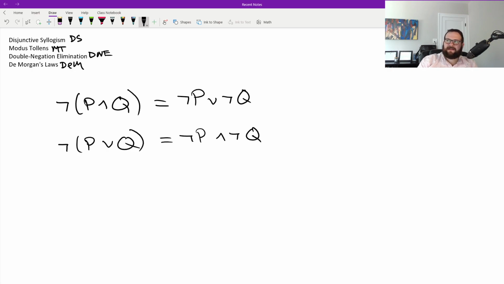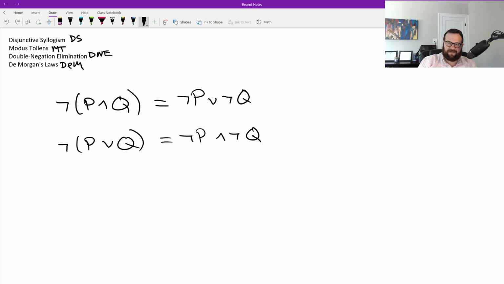The way that I typically recommend you remember how these work, if you encounter a conjunction or a disjunction within parentheses like this and negated on the outside, just know that you can flip the symbol, right? Up becomes down and down becomes up. And you can move the negation symbol in to the individual terms. So all we're doing is flipping the symbol and moving that negation symbol inwards.